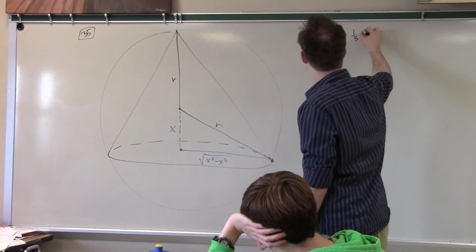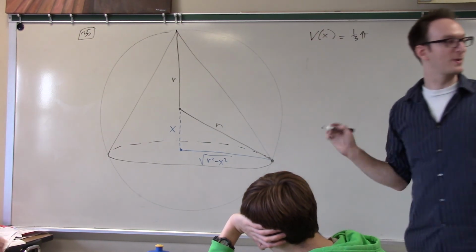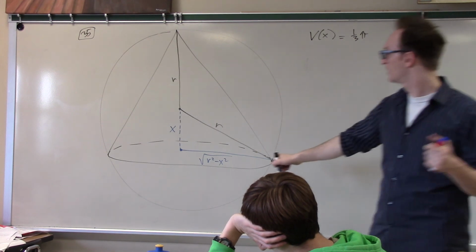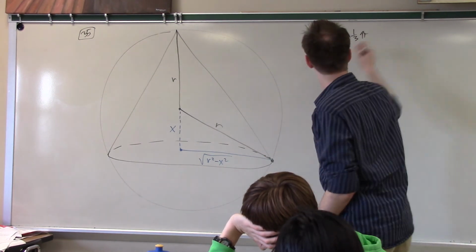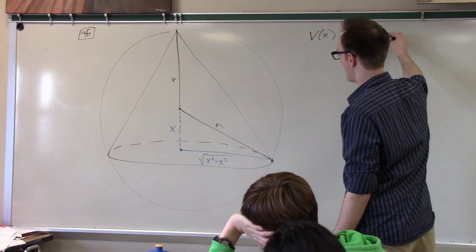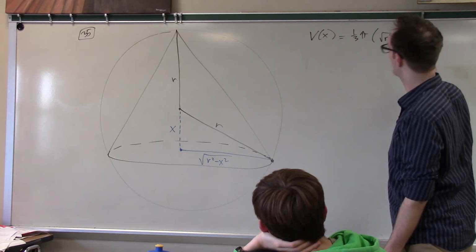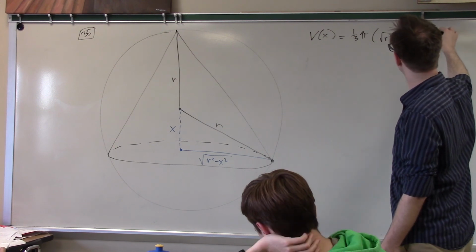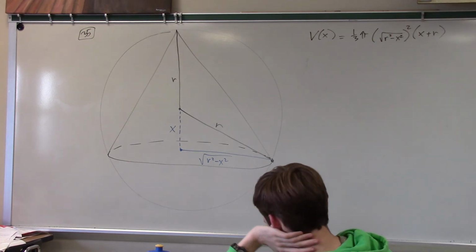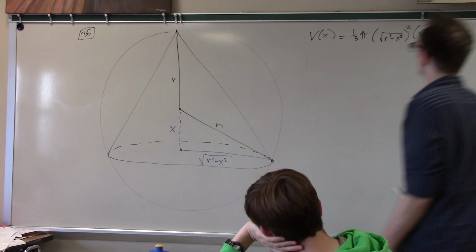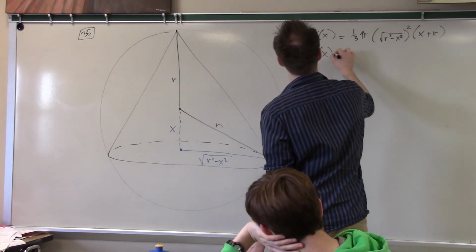But this r is the square root of r squared minus x squared, squared. That's actually kind of nice because the root just goes away. And h is just x plus r. Cool?